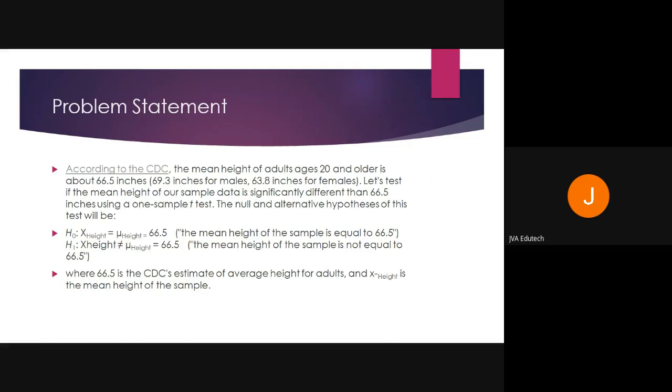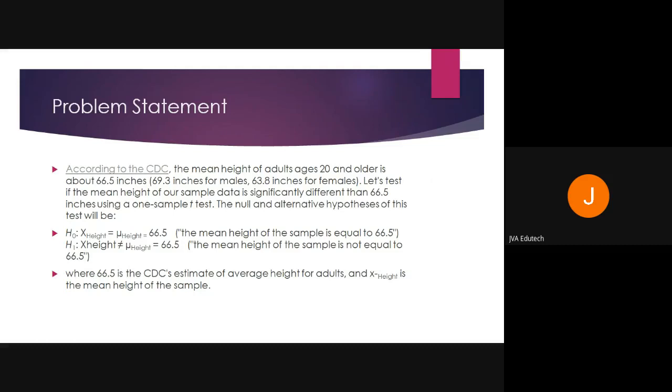Now let's take a case. According to the Center for Disease Control, they have conducted a survey and they have said that the mean height of adults aged 20 and older is about 66.5 inches. For individual groups, it comes out to be 69.3 inches for males and 63.8 inches for females.